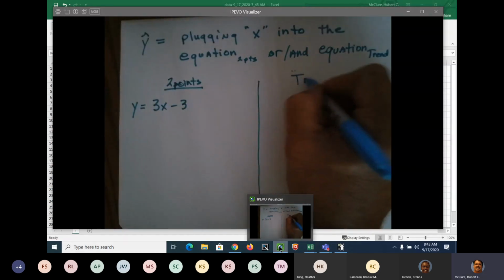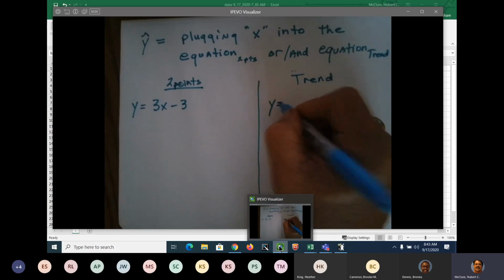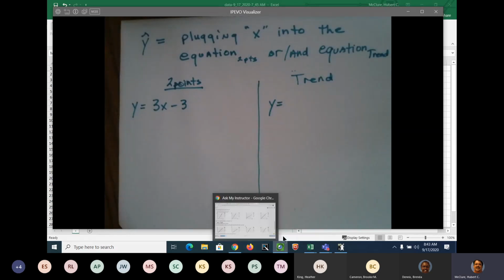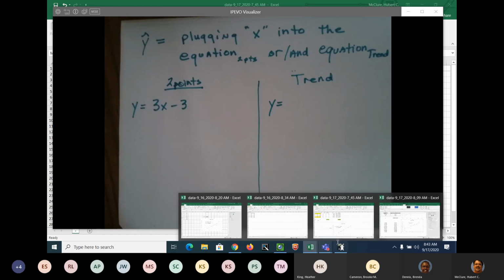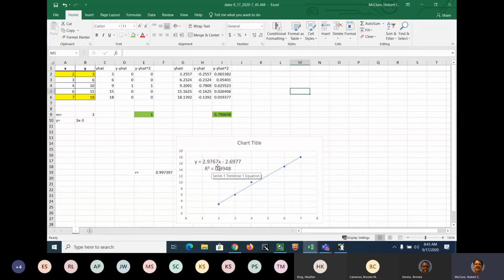And over here, we've got y is equal to 2.967x minus 2.6977.